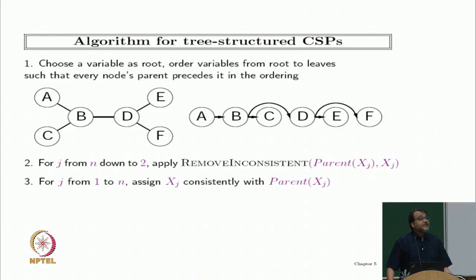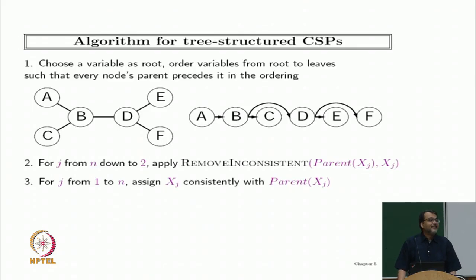What will be the running time of this algorithm? Well, each arc takes number of edges into D square. But the number of edges is big O of n because it's a tree.